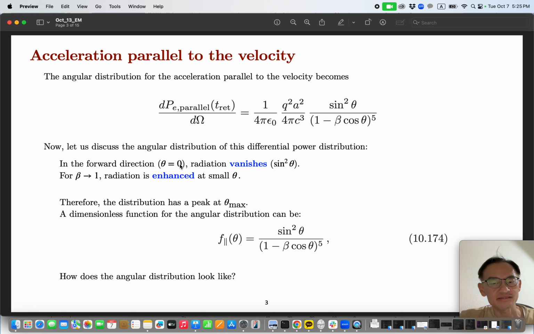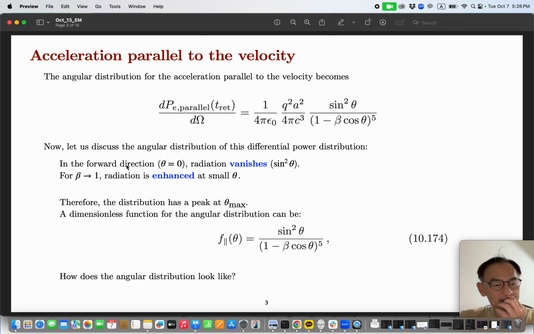It's not exactly 0, but very close to 0. Then sine square in the numerator approaches 0. In the denominator, when theta is 0, cosine is 1, so this is 1 minus beta, which, depending on beta, will be a finite value. So the radiation goes away in the forward direction.